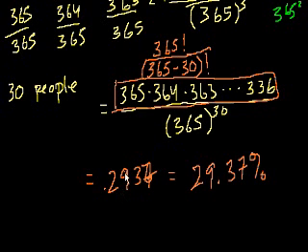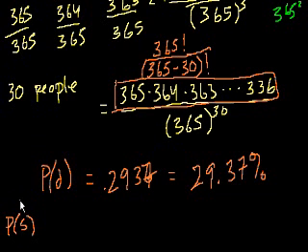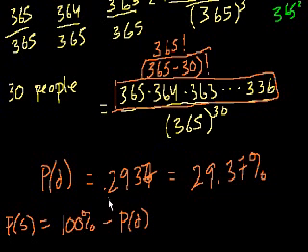Now, just so you remember what we were doing all along, this was the probability that no one shares a birthday with anyone. This was the probability of everyone having distinct different birthdays from everyone else. And we've said the probability that someone shares a birthday with someone else, or maybe more than one person, is equal to all of the possibilities, the 100%, the probability space, minus the probability that no one shares a birthday with anybody.